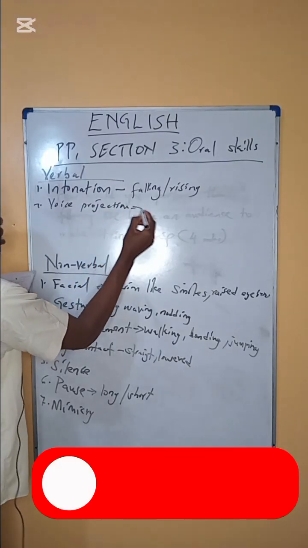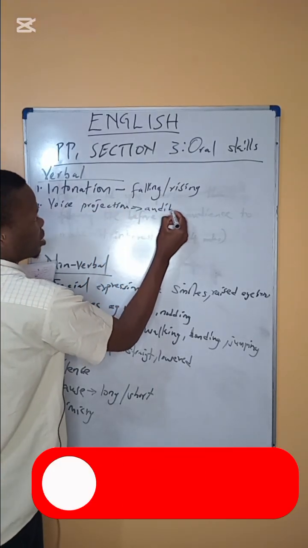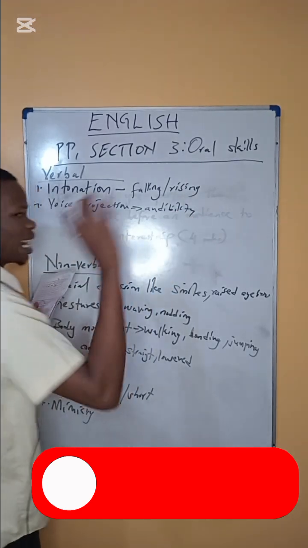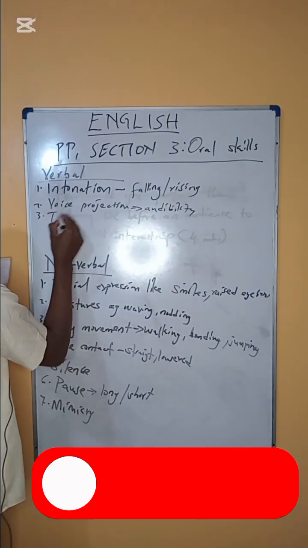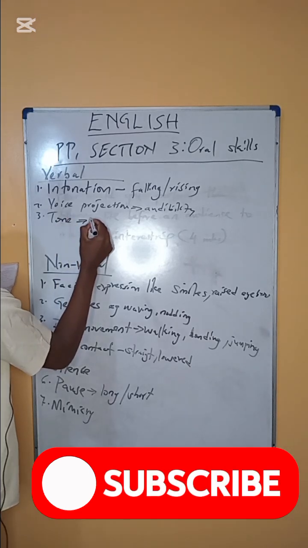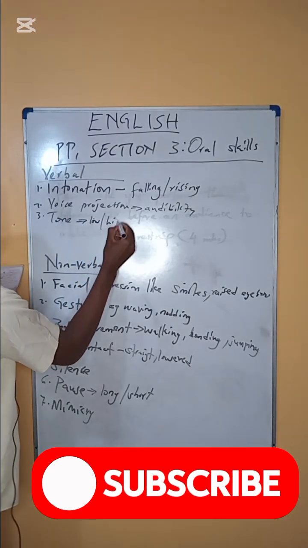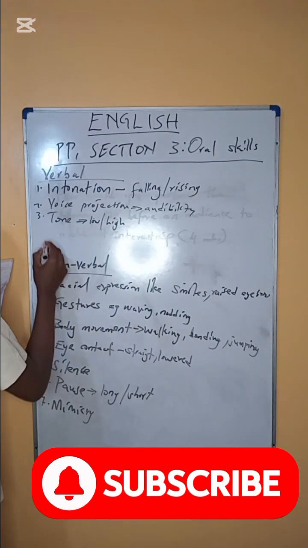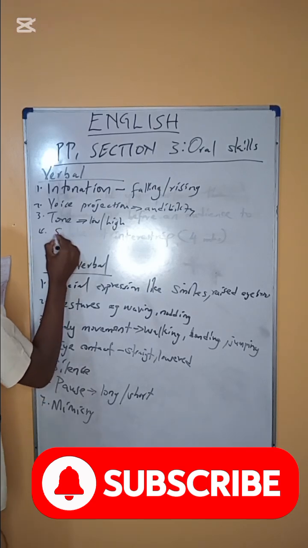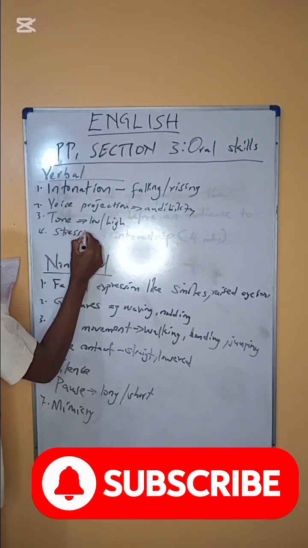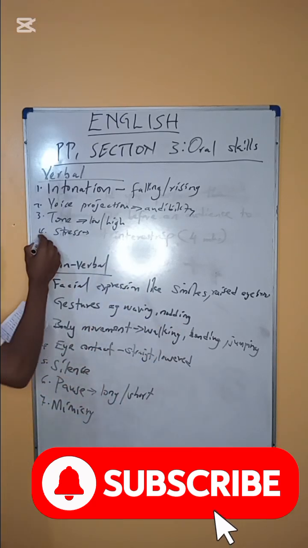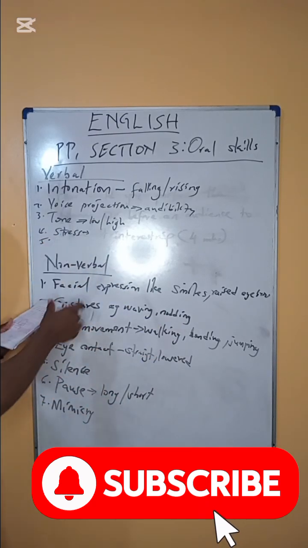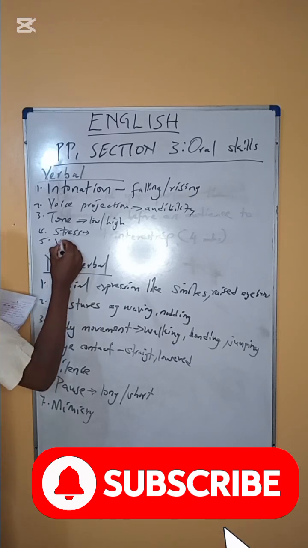Voice projection deals with audibility, so you speak loud enough. Number 3, we can talk about tone. You can speak with a low tone or a high tone. Number 4, you can have stress. You can stress some content words in a certain line. Number 5, we can talk about voice variation.